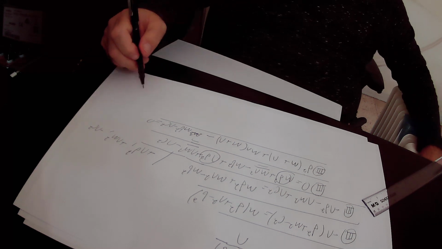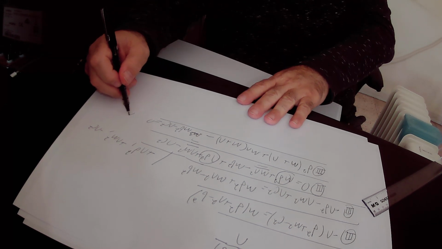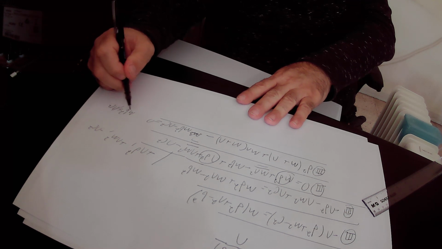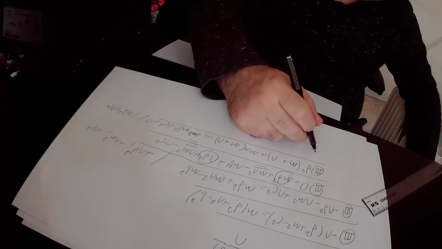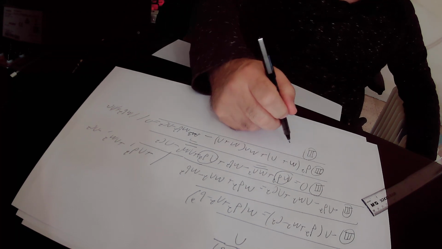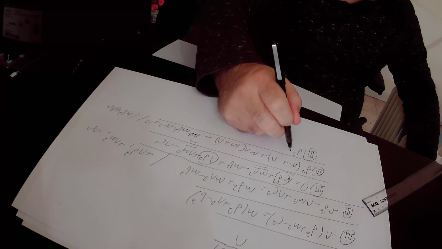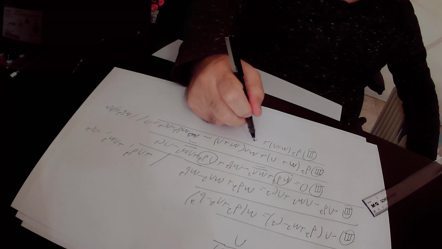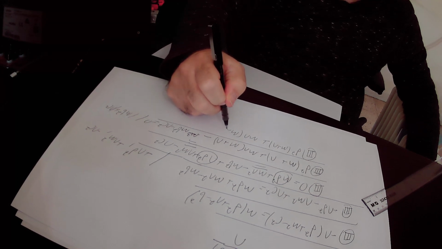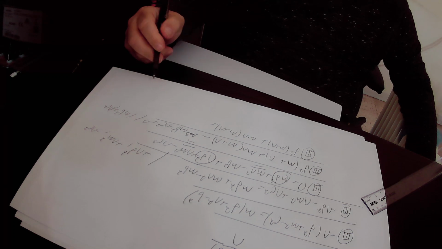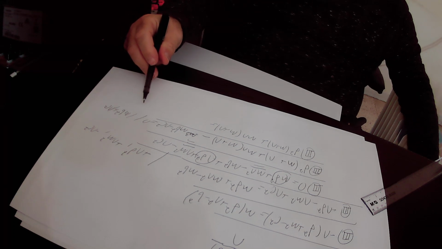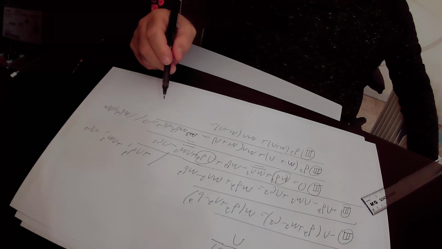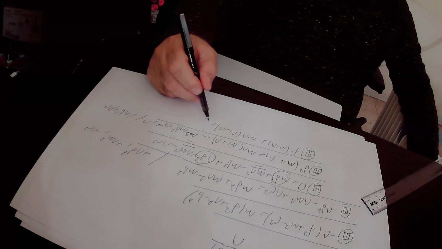In the next step we will add m b squared plus n c squared to this equation number 3, and we get that according to equation number 3, d squared times m plus n plus mn times m plus n equals to, here we added m b squared to this equation, so m b squared minus m b squared is 0, and here 0 plus m b squared is m b squared.